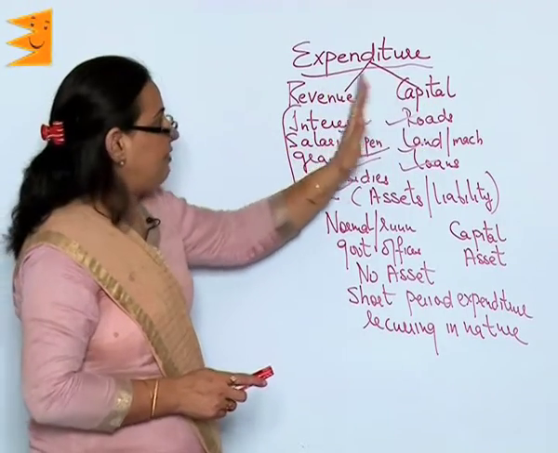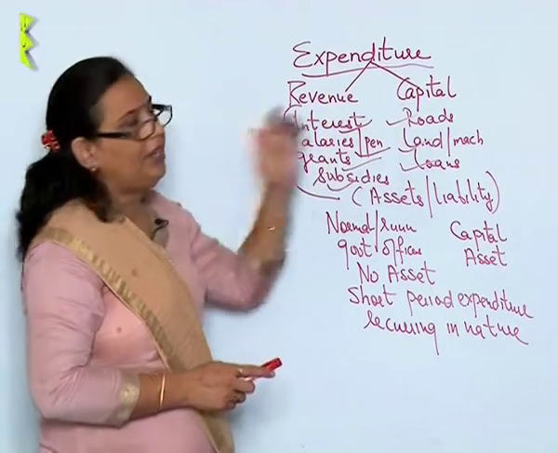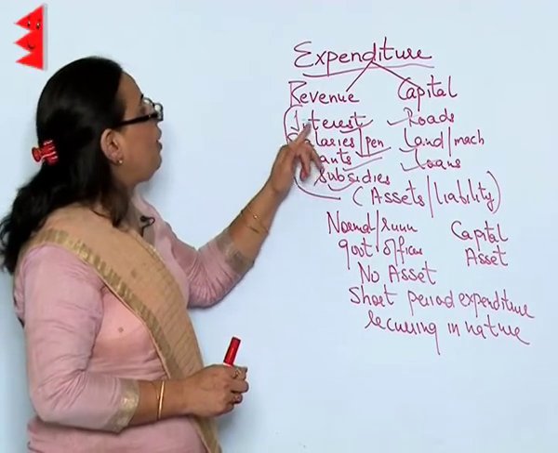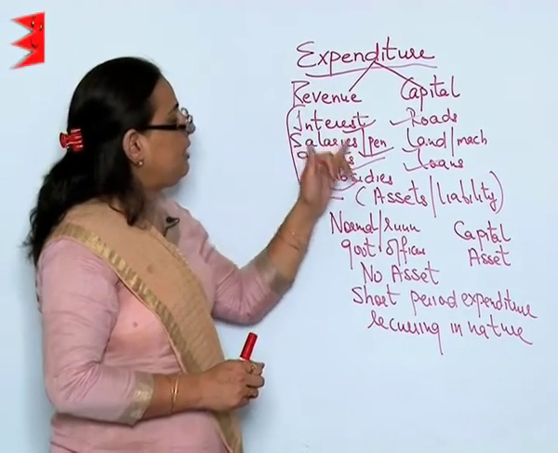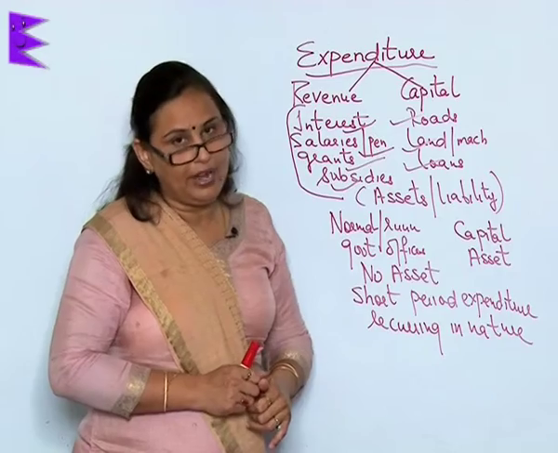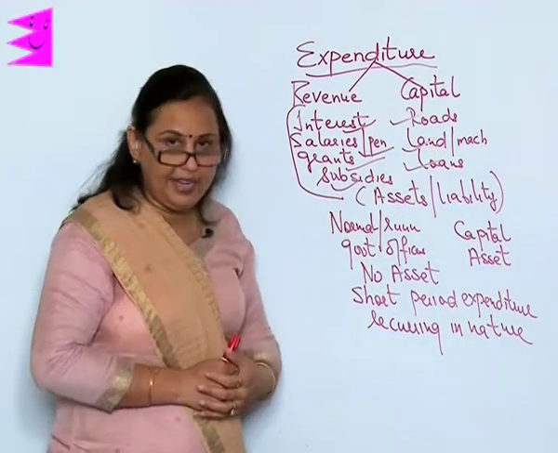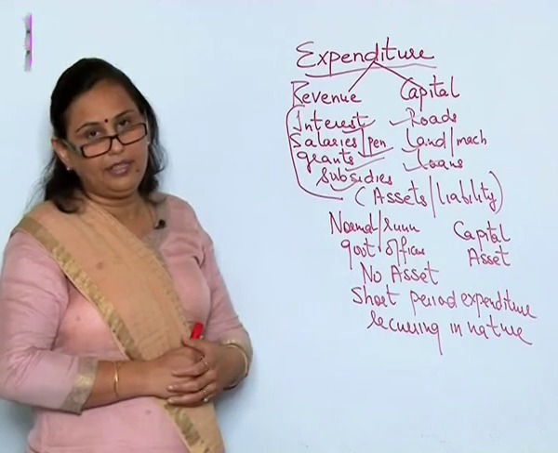The basic difference between the revenue expenditure and the capital expenditure is that revenue expenditure neither creates assets nor liabilities, whereas capital expenditure creates assets and liabilities.